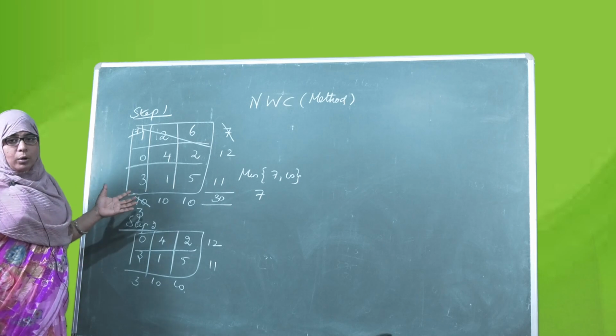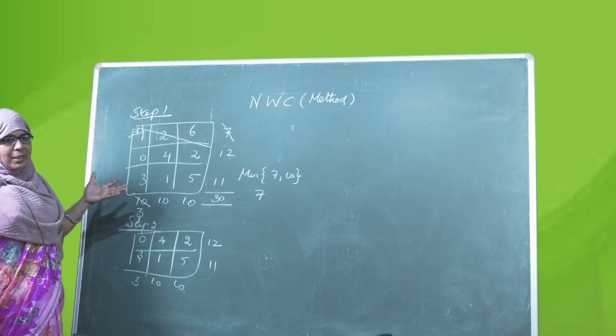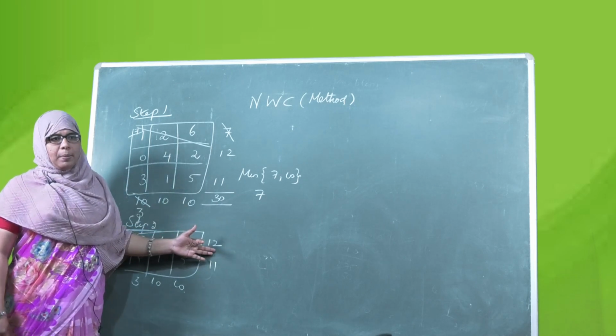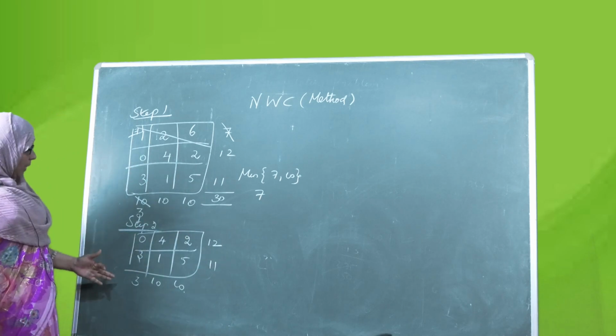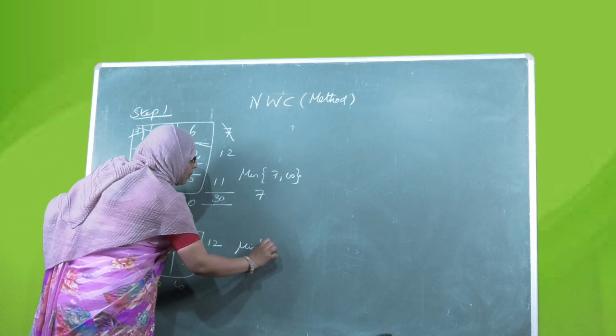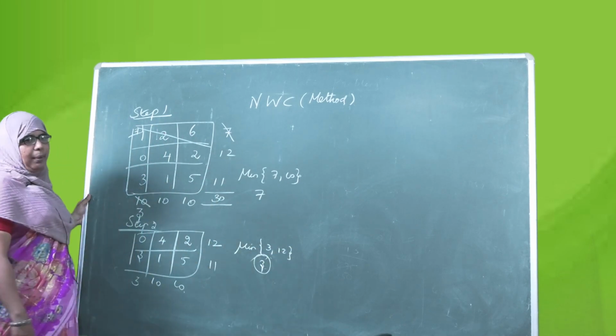So what is the northwest element? Obviously 0 is the northwest element. What is the row element? Row element 12 and the column element is 3. Which one is minimum? Minimum of 3 comma 12, obviously 3 is the minimum.